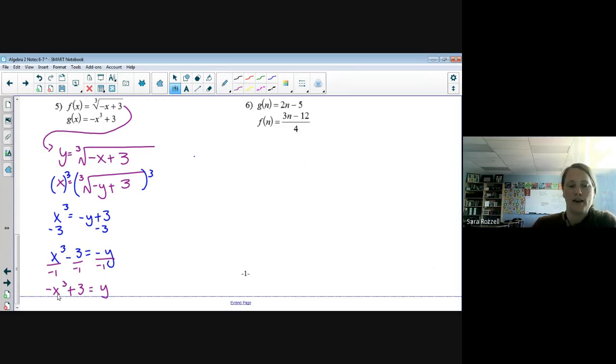That becomes negative x cubed because that negative 1 changes that sign. Negative over a negative makes a positive, and then that's going to go away. So our y value is negative x cubed plus 3. Is that what we wanted it to equal? Yep, so are they inverses? Yes, they are because these two matched.